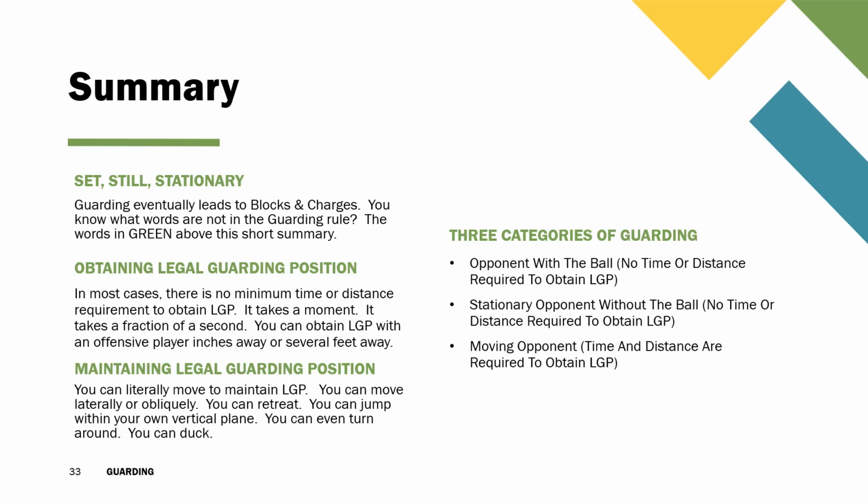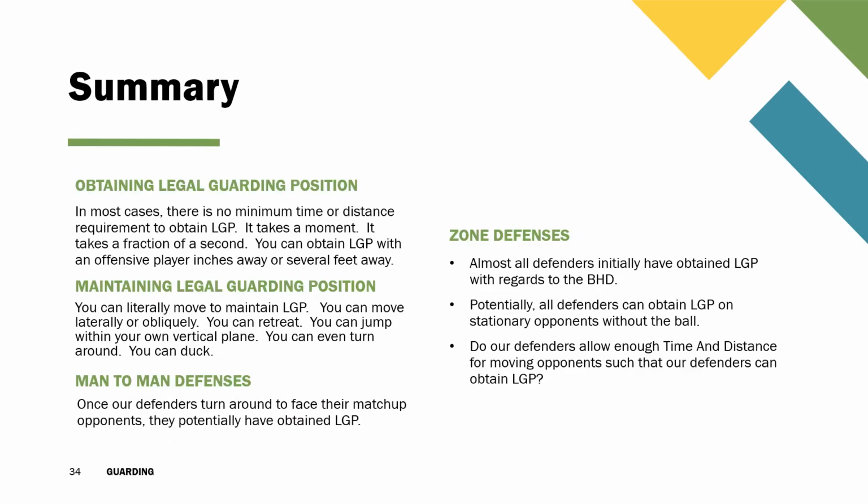Remember, we have 3 categories of guarding. We have opponents with the ball, stationary opponents without the ball, and moving opponents. And moving opponents are the only category where time and distance are required to obtain legal guarding position, with that distance being no more than 2 normal strides. We learned about the flavors of guarding, man-to-man defenses and zone defenses.